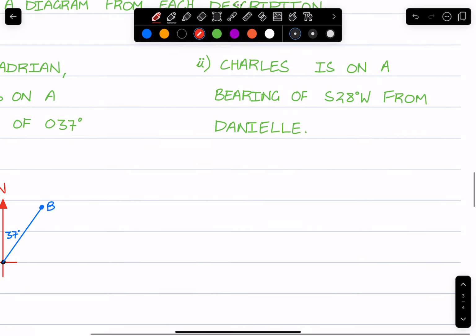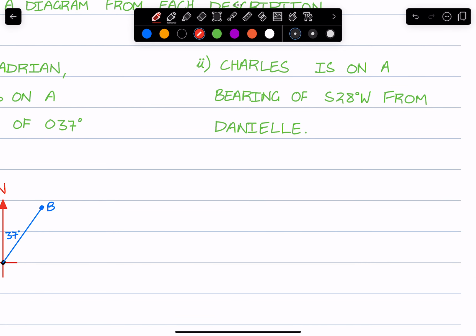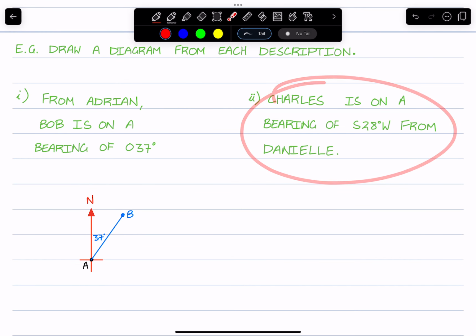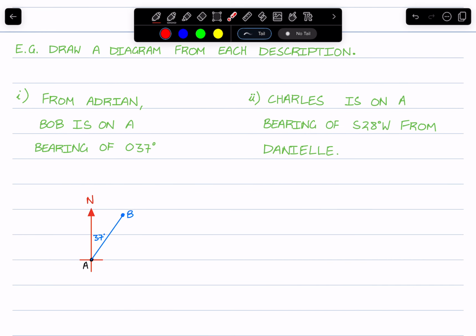So it says, Charles is on a bearing of south 28 degrees west from Danielle. Notice how in this problem I've tried making the wording slightly different. It says from Danielle.